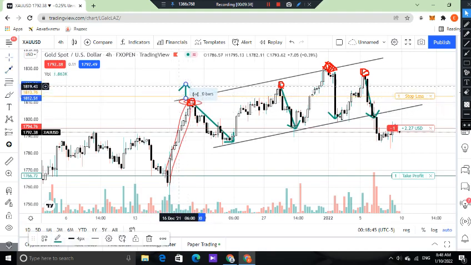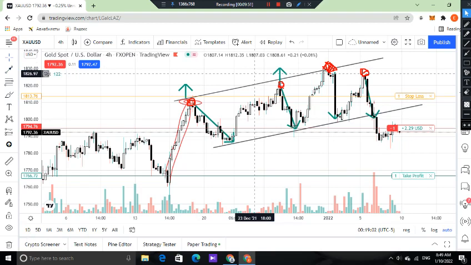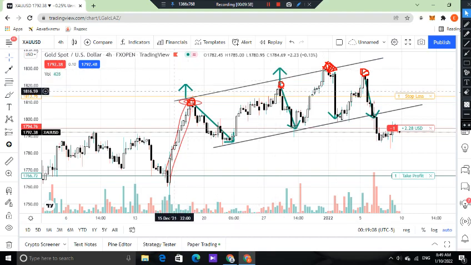As you can see, this top is this much higher than the prior one, and this one, there's no significant difference between this one and this one.